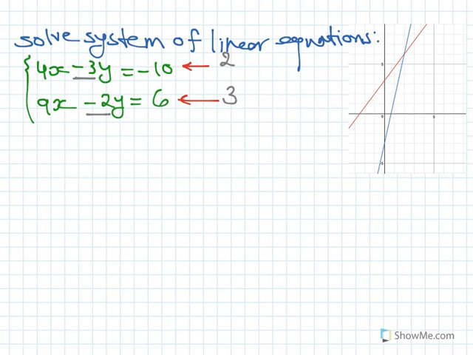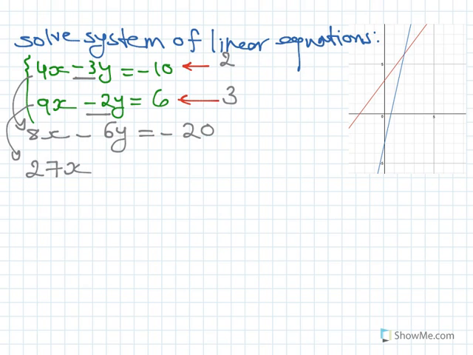I have 2 times 4 is 8x minus 6y equals 20, multiplying the whole equation by 2. And the second equation is going to be 27x minus 6y equals 18. And as you can see, I have the same coefficient, minus 6, for both equations.